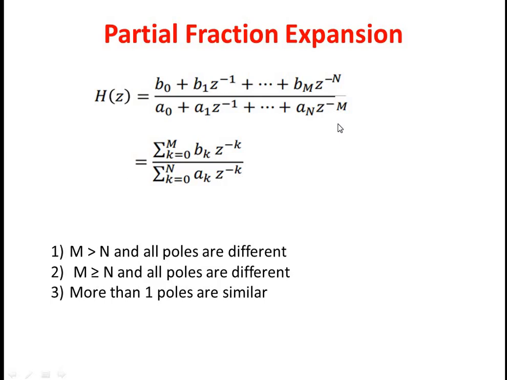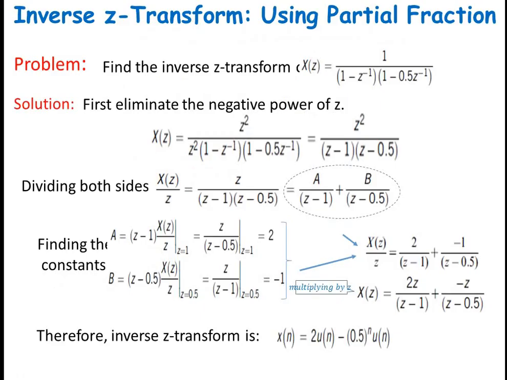For repeated poles, we use a different formula for finding the poles, and we substitute the value of k from the highest order. If the highest order of the denominator is 2, then k is also 2 for the first pole, and for the second pole we reduce the value of k to 1. We have to keep these things in mind for solving partial fraction methods.